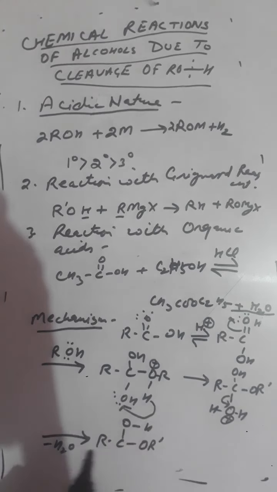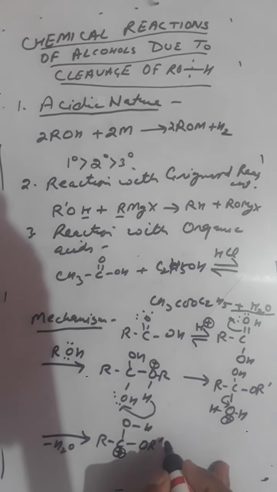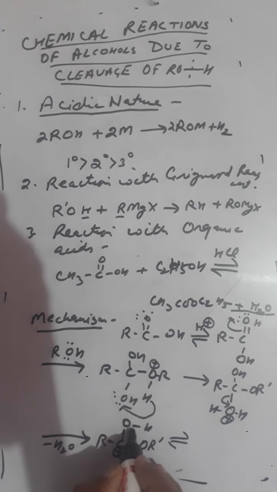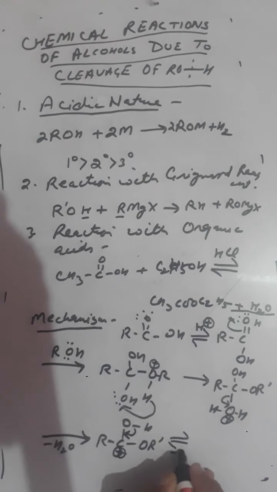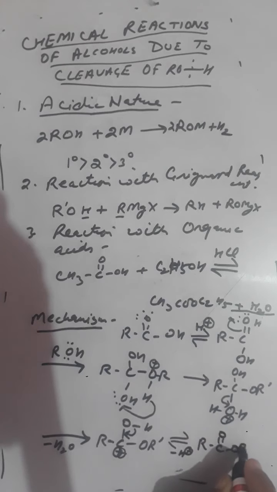This carbon will have the positive charge as oxygen has taken away the electron. This bond will be shifted towards this with the release of the proton, and we get RC=O OR'. This is your ester, and the reaction is called the Fischer-Speier esterification.